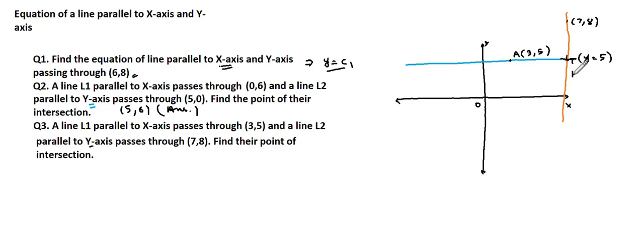We can name it as something like K. Now we can easily say that this one is L2, and since it is parallel to the y-axis, we will always have the x coordinate same for this line L2, and hence the equation turns out to be x is equal to 7. Now, since this point is a part of both the equations, the only point which can satisfy both of them is clearly 7, 5. So this is the answer, 7, 5, right?